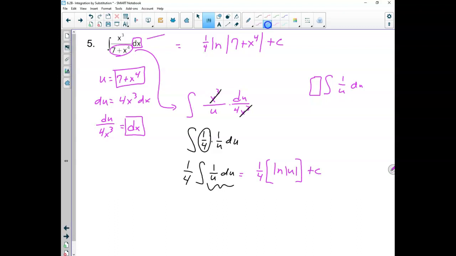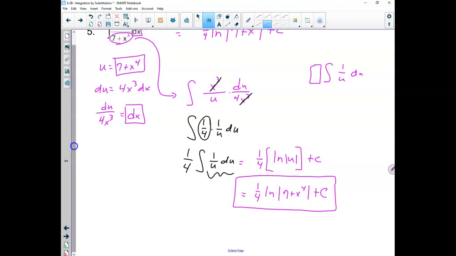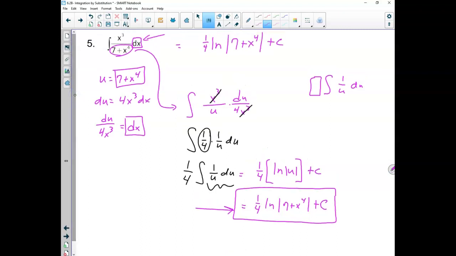Back at the beginning, they want my antiderivative in terms of x, so I need to back substitute and say it's ln of 7 plus x to the fourth plus c. And of course, if you're being logical about this, you are taking the derivative every time to make sure you are correct, all right? Bottom line, I can see the derivative of this denominator is nested in the top.